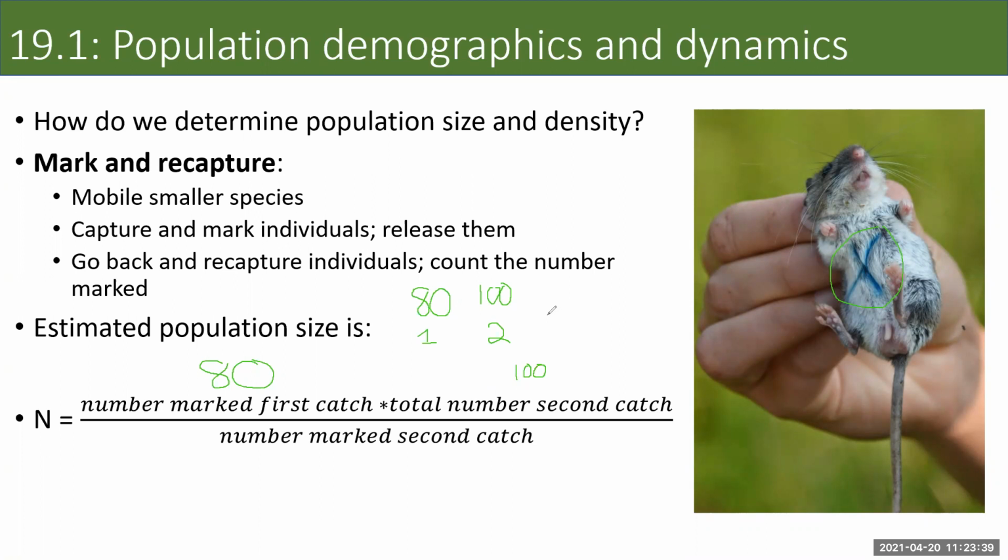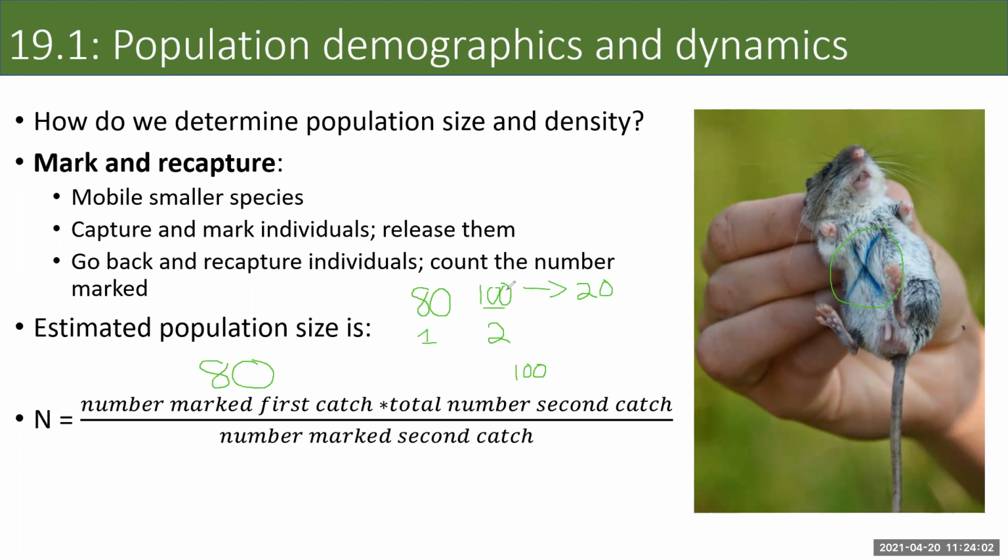If they were, we know that we recaught the same individual. Out of our 100 individuals, 20 of them were marked. That means that 80 of those individuals are new individuals.